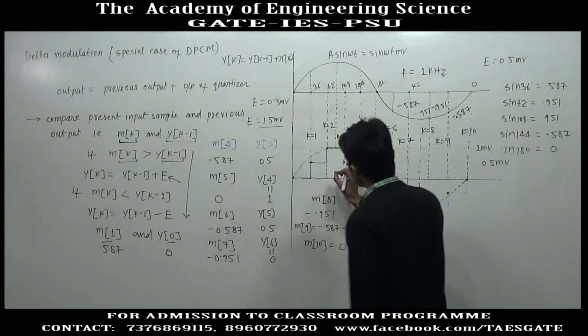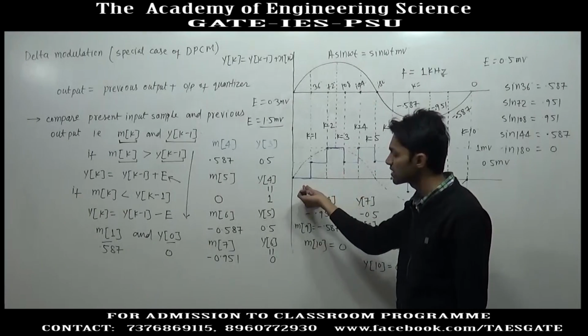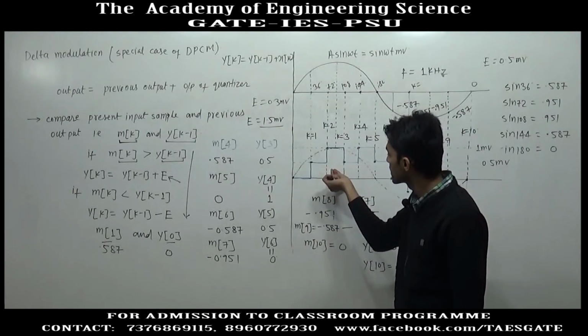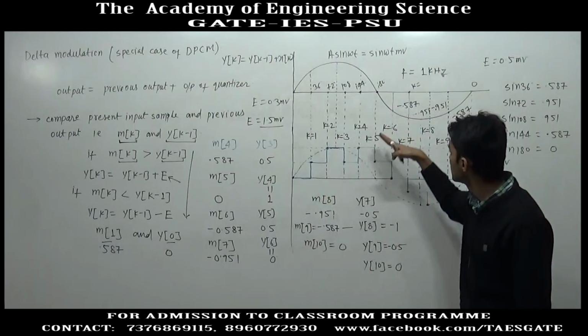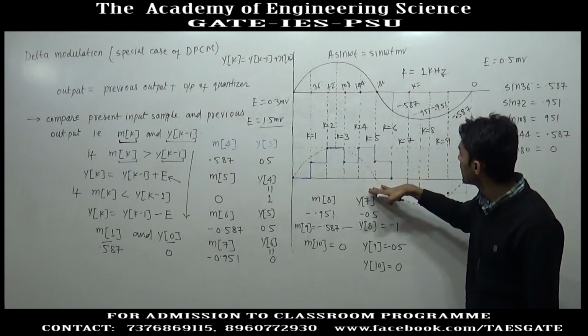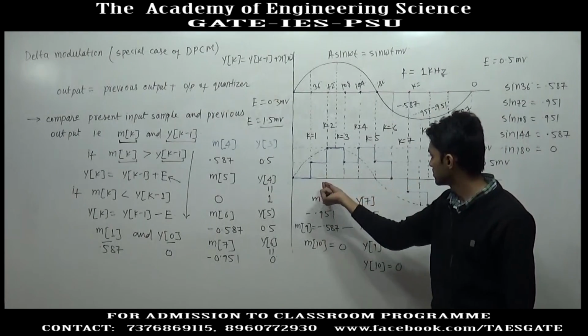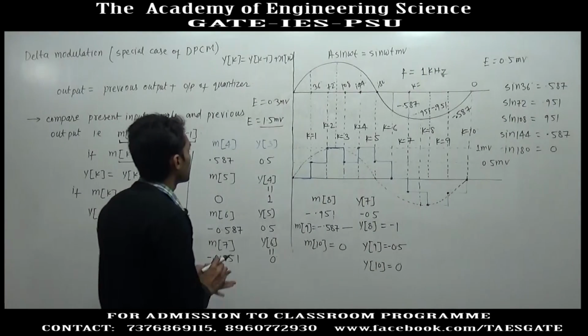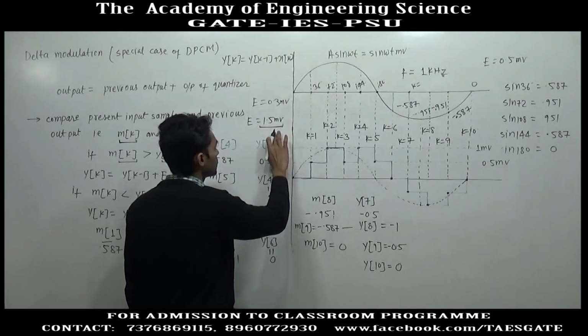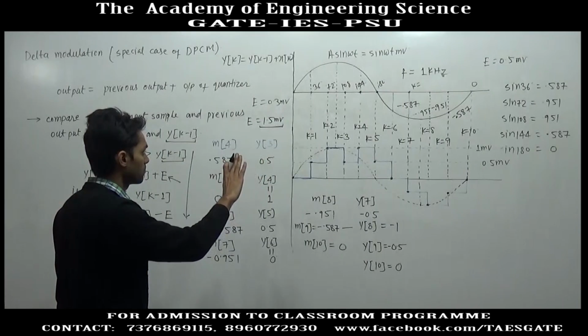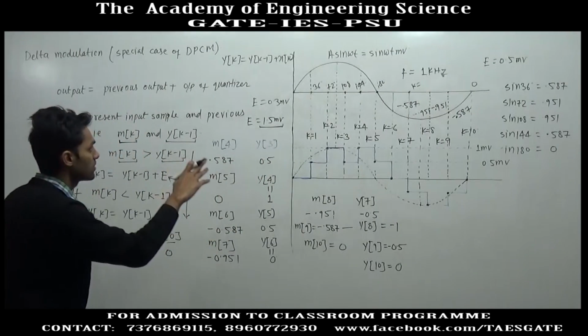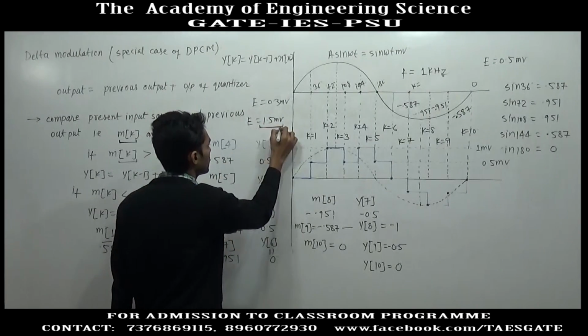So if the sampling frequency is high, the tracking will be dense. In that case error will be reduced, but in drawing I cannot increase the frequency because the drawing will be very difficult. For E equal to 1.5 millivolt, I am giving you to draw it, and you will see the error will be very high.